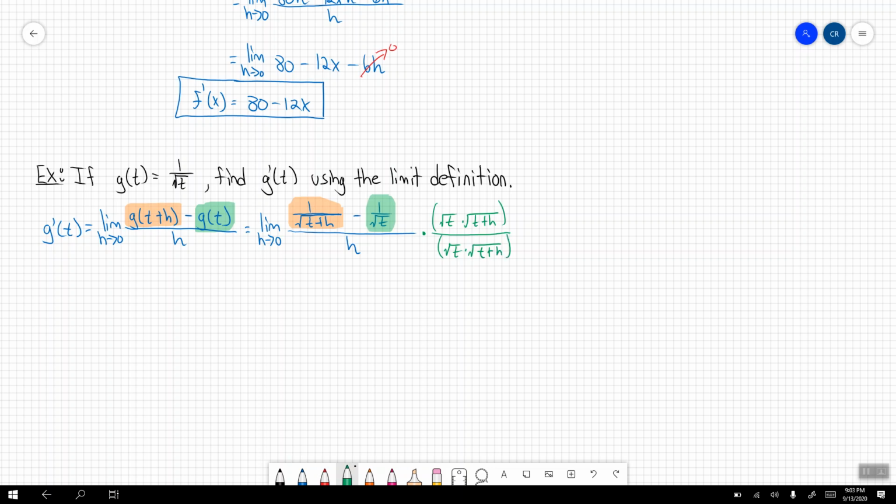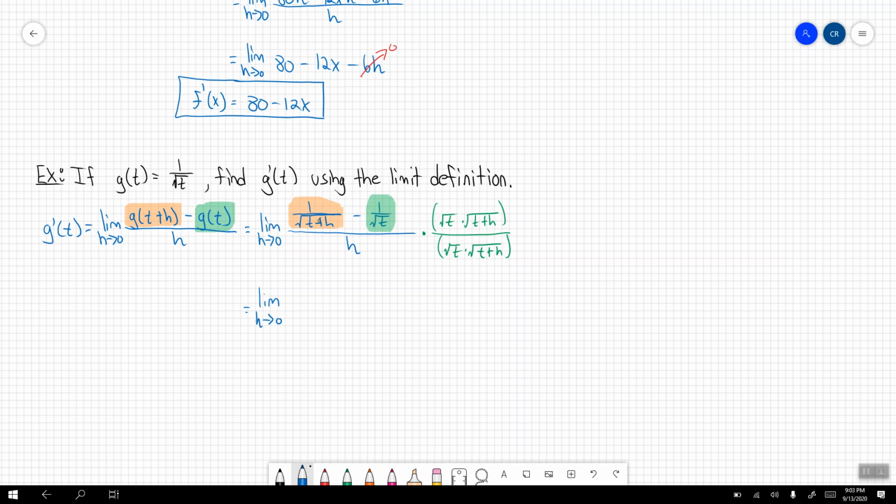Just like that. Multiplying both numerator and denominator by those specific factors will then allow me to simplify my complex fraction.